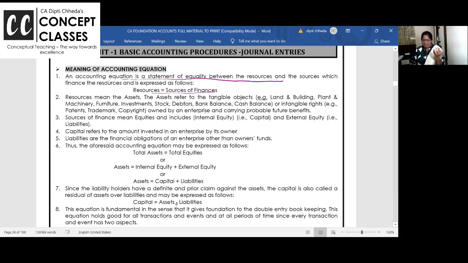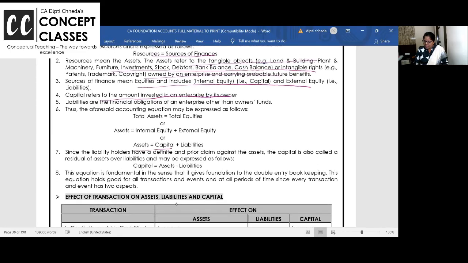Either the capital or you take loan, right? And where do you use that resources? To buy assets, land, building, furniture, tangibles, and all. Sources of finance means equity and all. Capital refers to amount invested. So we know the equation: asset is equal to capital plus liabilities.